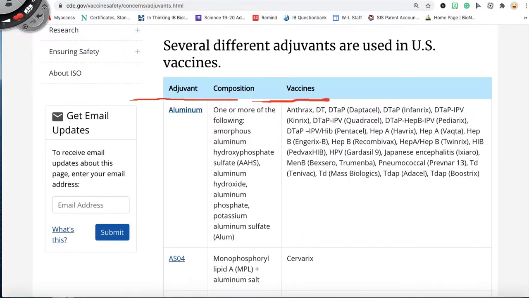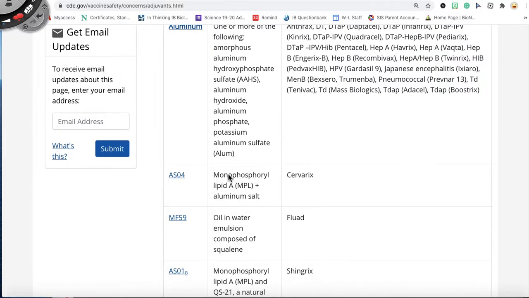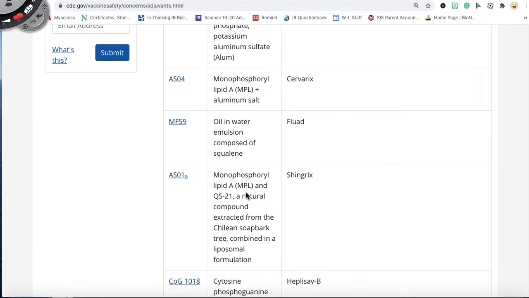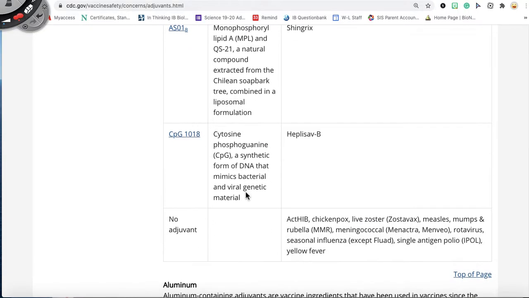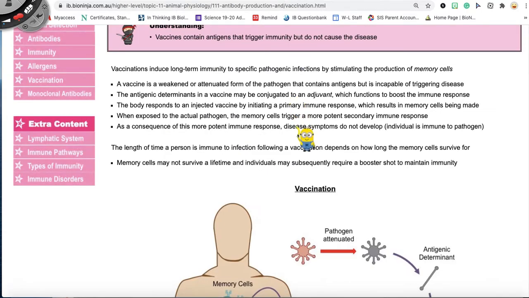So I'm going to quickly move here to several different adjuvants that are used in the U.S. It could be some form of aluminum, it could be some form of a lipid, it could be some form of an oil and water. So all these are different forms of adjuvants. And what these adjuvants end up doing is that they help, one, conserve the attenuated virus and also help the immune system function to the antigen that is being presented.